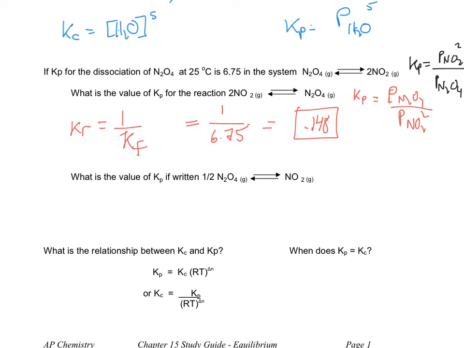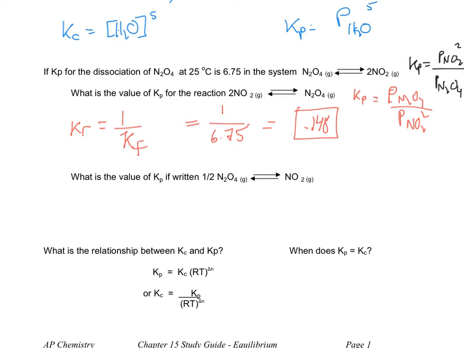All right, how about the next one? We want the Kp for this reaction. So how is this reaction related to the one that's given to us? Yep, it is half of it. This is half of the reaction that's given. So how would you do K for half a reaction?